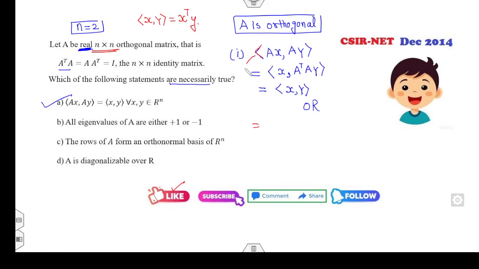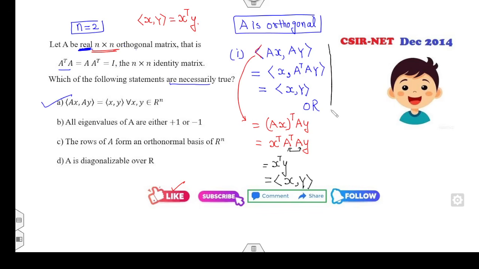So I can write this as Ax transpose into Ay. I can open that. It's x transpose A transpose A into y. What is the value of A transpose into A? That is identity. So I can write this as x comma y. So yes, A is the correct answer.